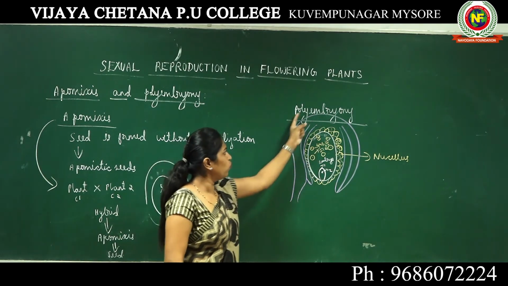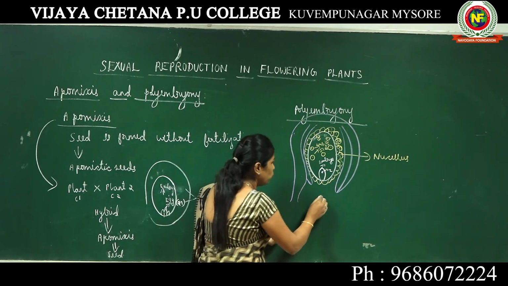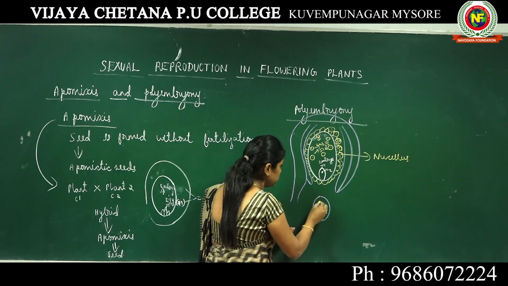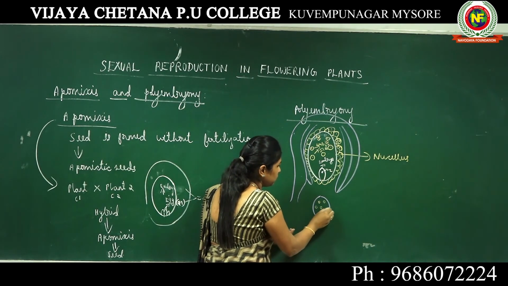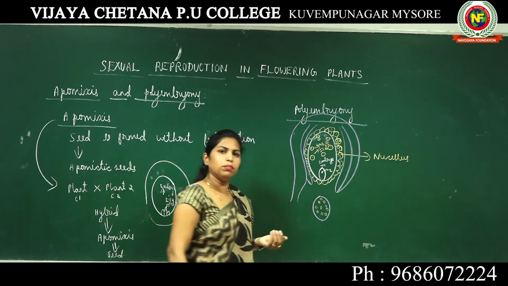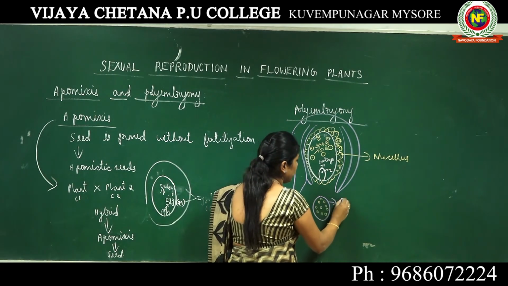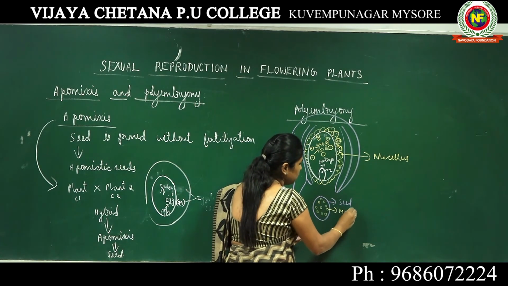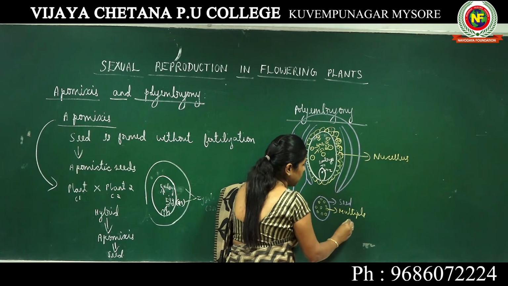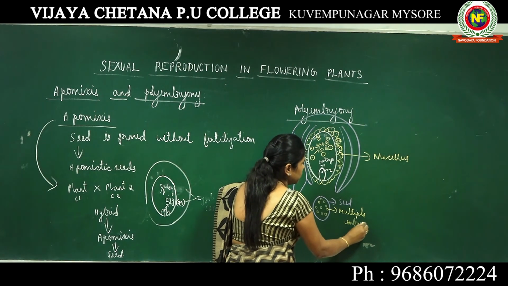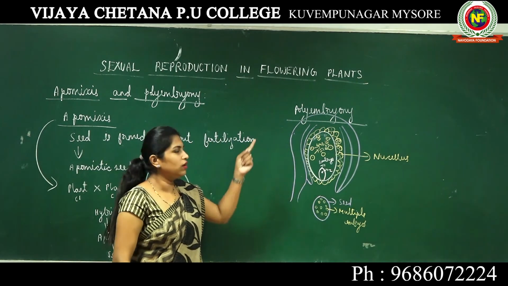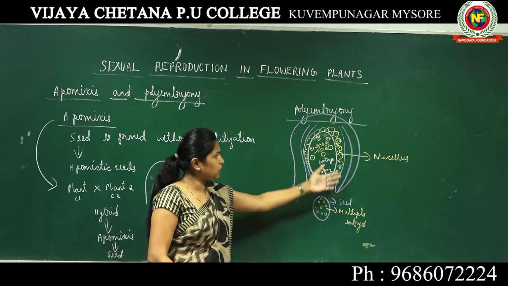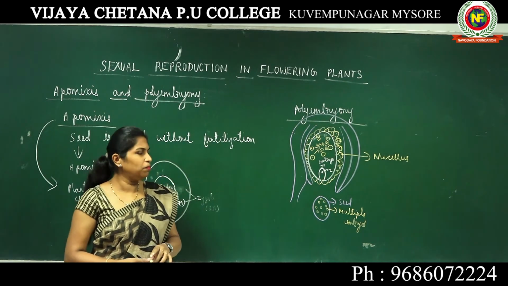So inside one ovule or inside one seed, you will be able to find many embryos, or polyembryos. This condition is known as polyembryony. This is a special case in a few plants.